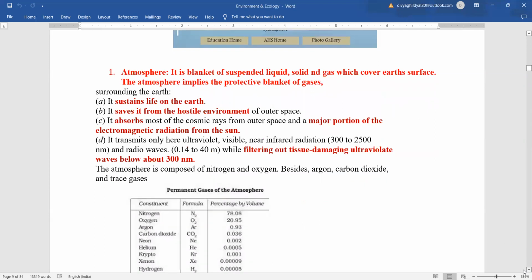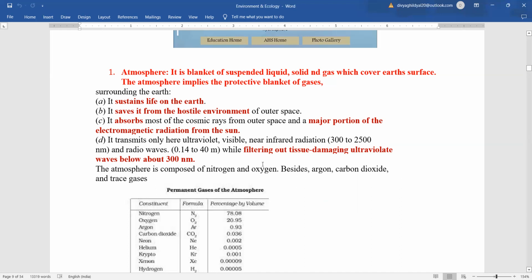This blanket absorbs most of the cosmic radiation from outer space and a major portion of the electromagnetic radiation from the sun. The atmosphere also transmits ultraviolet, visible and near-infrared radiations, and the atmospheric layers help in filtering out the harmful rays so that they do not reach the earth, and hence save human beings from various effects such as skin diseases.